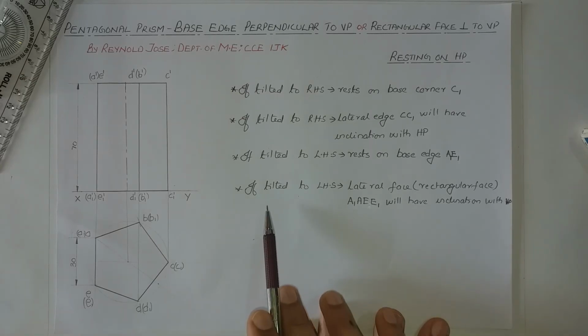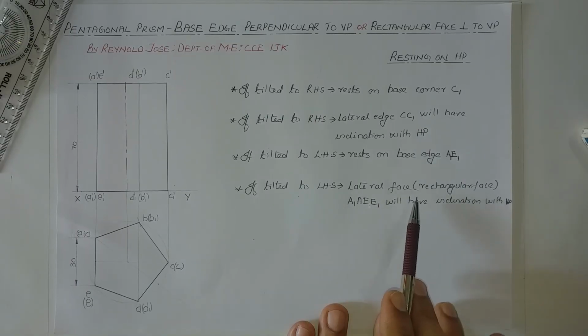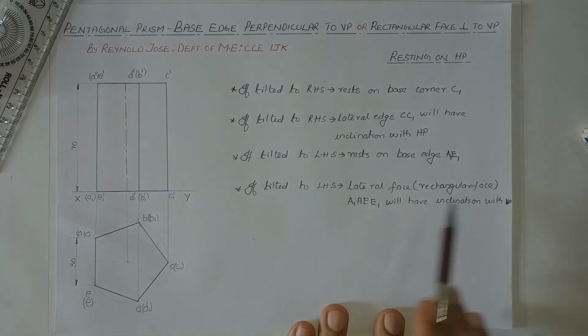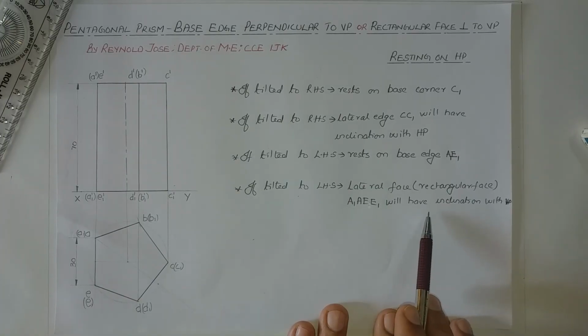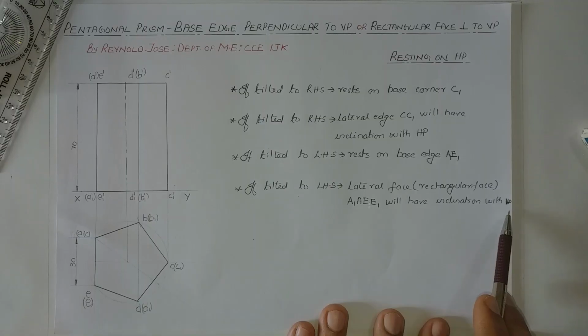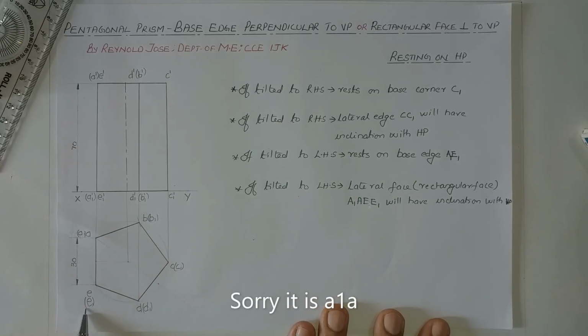And again, if it is tilted to the left hand side, the lateral face, which is a rectangular face A1, A, E, E1, will have inclination with SP. On the left hand side here, below this edge AE, we have a rectangular face or lateral face, and the name of that lateral face is AEE1A1.